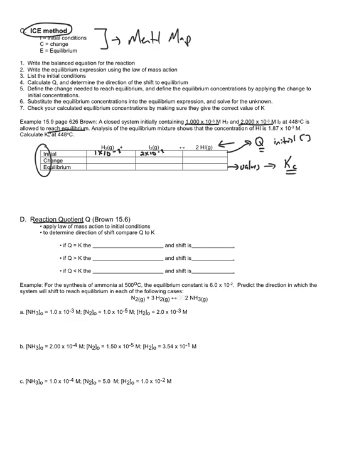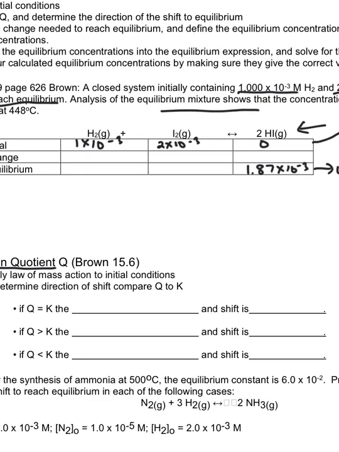They make no mention of HI, and so the assumption is made that there is 0 HI in the vessel. We only put reactants in the vessel. Analysis shows that the concentration of HI at equilibrium ends up being 1.87 times 10 to the negative third.